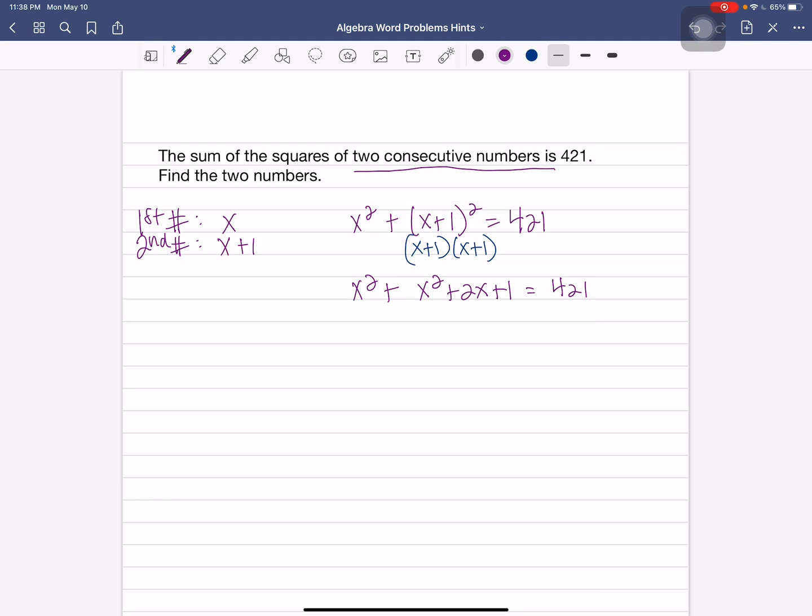That is from our shortcut where you add the two numbers and then you multiply the two numbers. So from here we combine like terms, and I'm also going to subtract 421 from both sides. So I get 2x squared plus 2x minus 420 equal to 0.